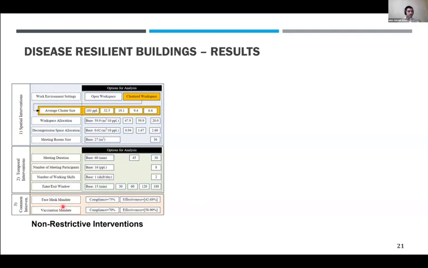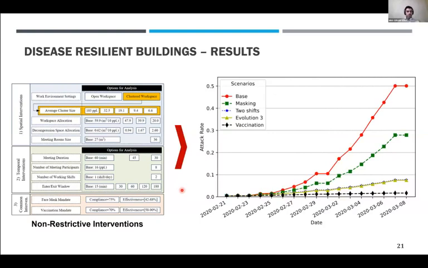And then we're introducing the face mask mandate and the vaccine mandate and seeing how these two compare to the interventions that we introduced. For example, masking, we can see that this is the infection rate, what they're calling the attack rate. So our attack rate was 50% when the outbreak happened and the building was closed.